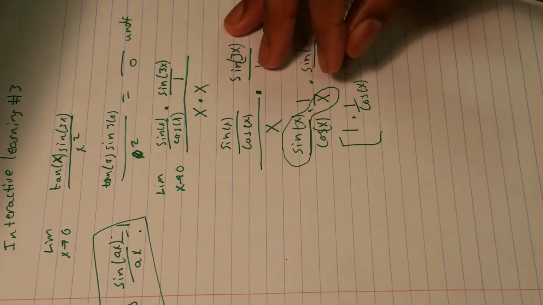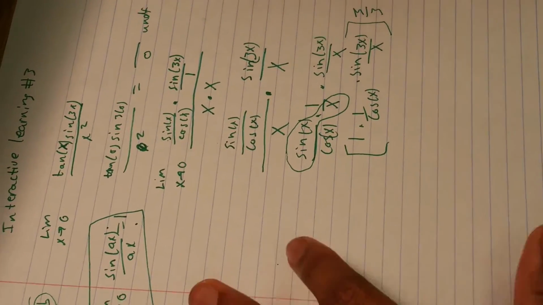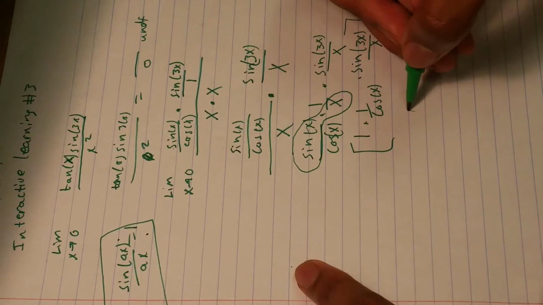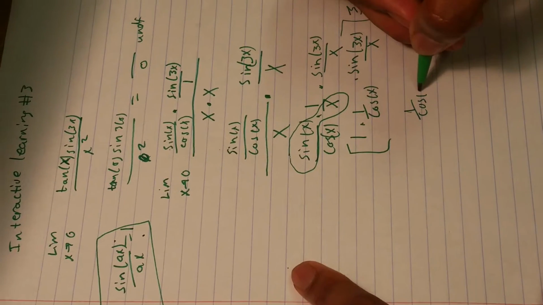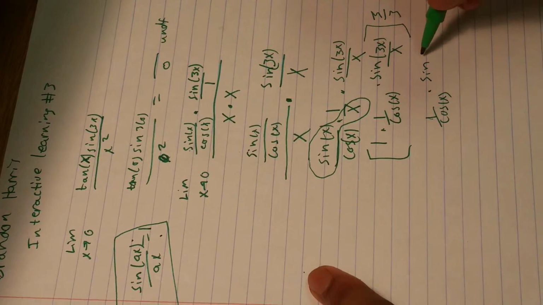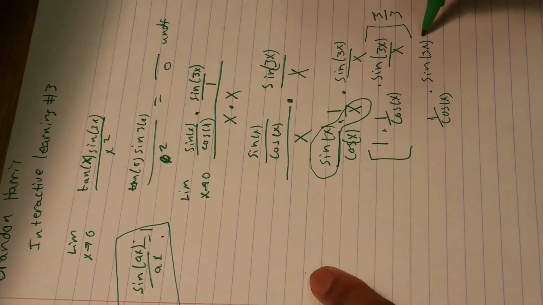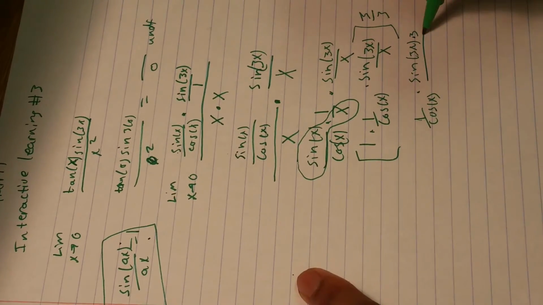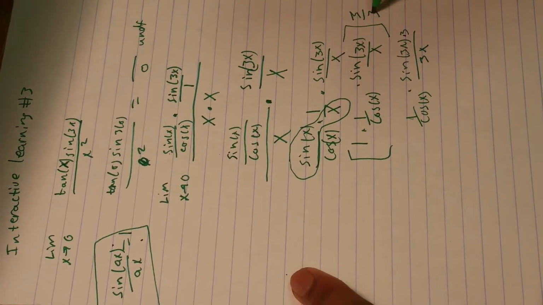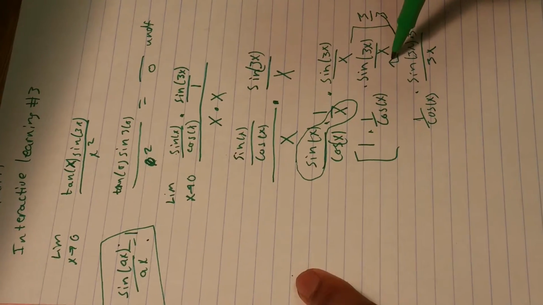So it's the equivalent of adding nothing to the equation. So we have 1 over cosine of x times sine 3x times 3 over 3x. This is x coming right here.